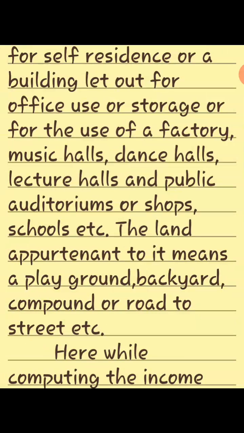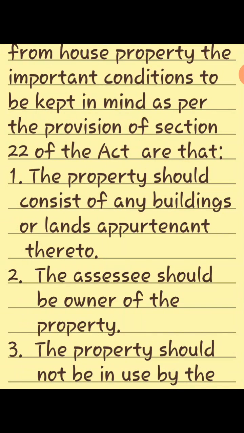Here, while computing the income from house property, the important conditions to be kept in mind as per the provisions of section 22 of the Act are that: 1. The property should consist of any building or land appertaining thereto. 2. The assessee should be owner of the property. 3.